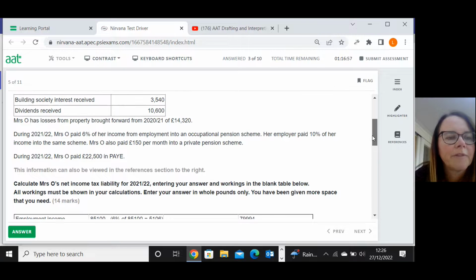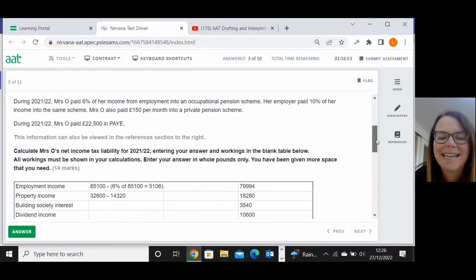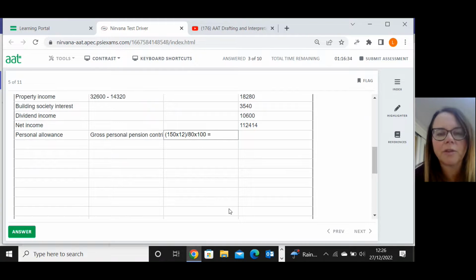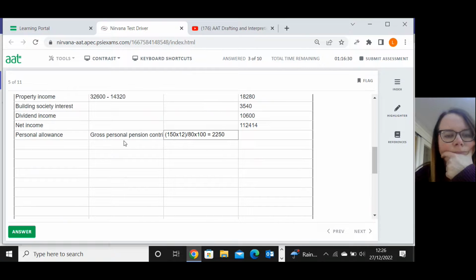How am I going to work out my gross personal pension contributions? Well, I've got 150 times 12 is the net. So 150 times 12, and then you could either divide that by 0.8, or you could say to yourself, well, that represents 80% and I want 100. So that comes to a total figure of 2,250.